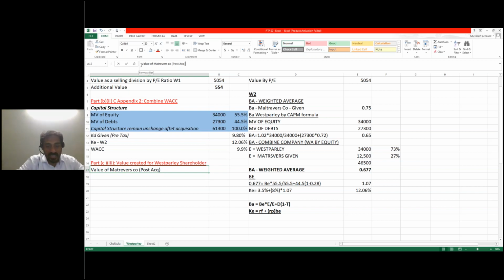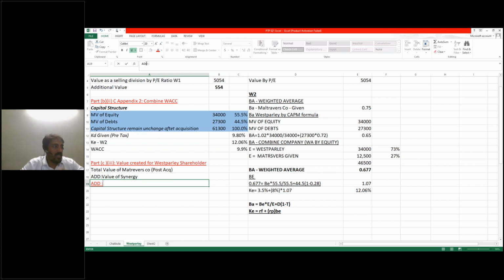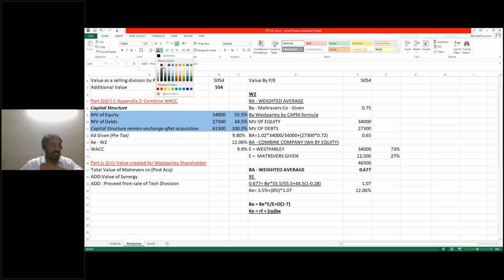The important thing is that the total value, having two divisions, plus value of synergy, also add the proceeds from sale of the tech division, because first you acquire it, then sell it.